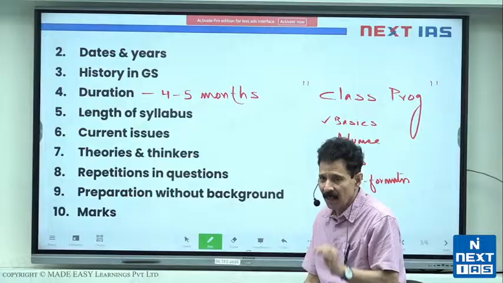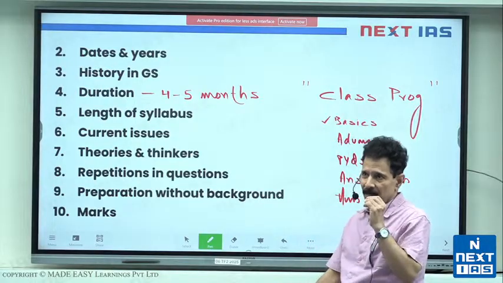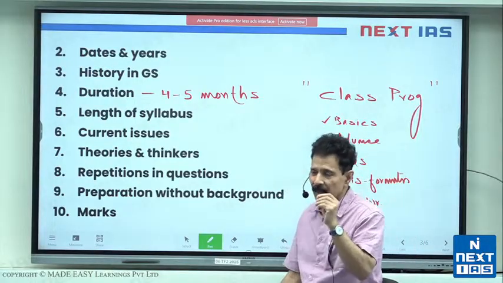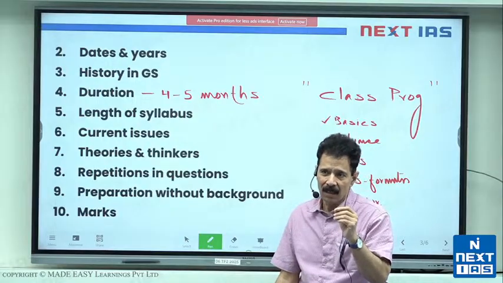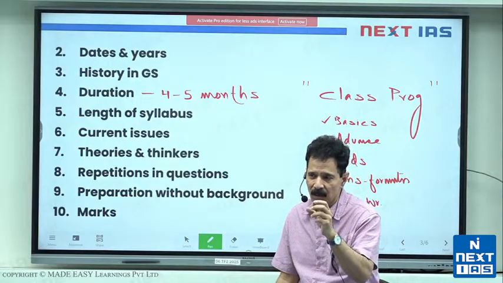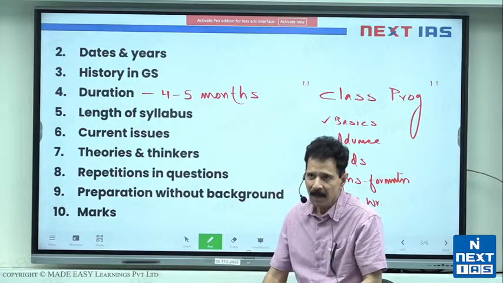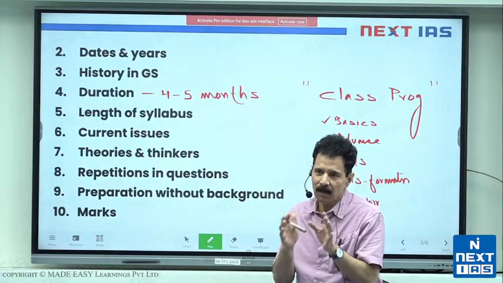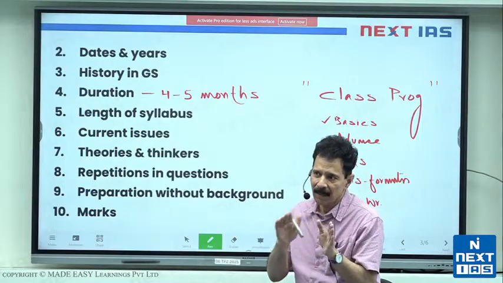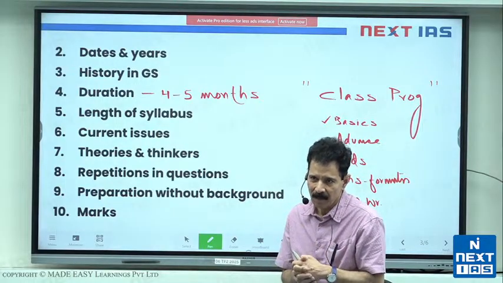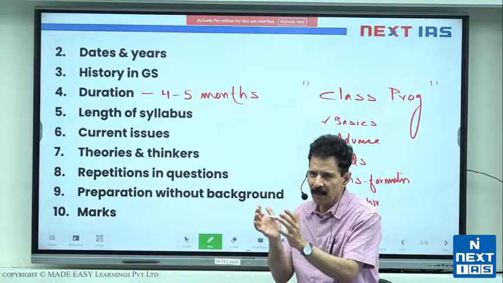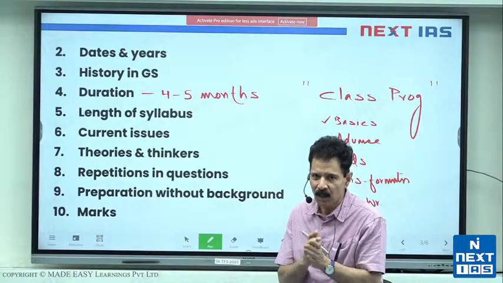Second case is the logical answer. See, one thing I should tell you, one secret about the syllabus of the optional subject in the Civil Services Examination. This is at par with the bachelor's honors level and some elements of master level also included in every subject.